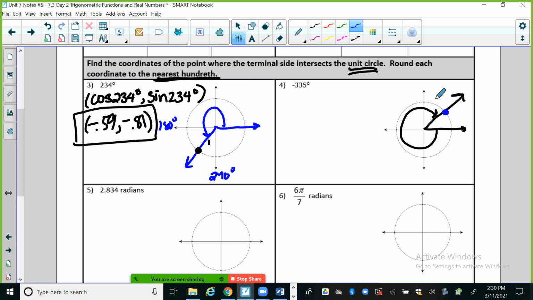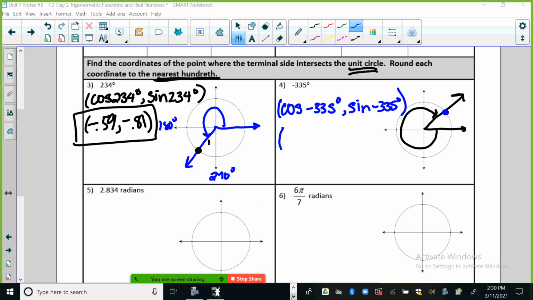So since we're told to round to the nearest hundredth, we can use our calculators. Cosine of negative 335 degrees for our x coordinate, sine of negative 335 degrees for our y coordinate.